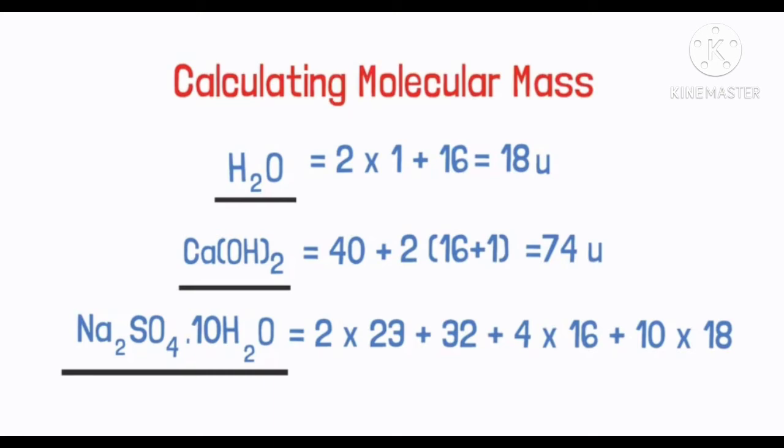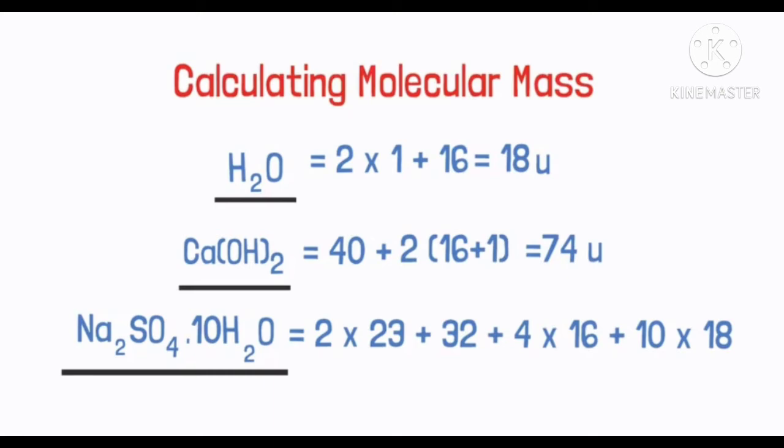Now we come to Na2SO4·10H2O. So here we have sodium Na 2 atoms, sulfur is 1, oxygen is 4 and 10 molecules of water. Why am I saying 10? Because 10 is common for hydrogen as well as oxygen. So you can refer to your page 35 again for the atomic mass.